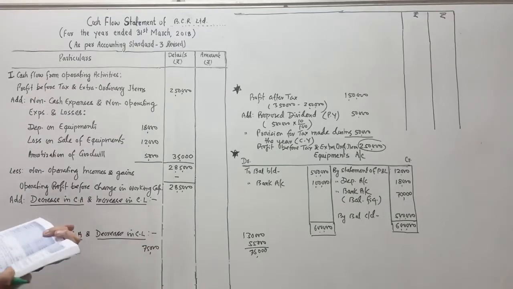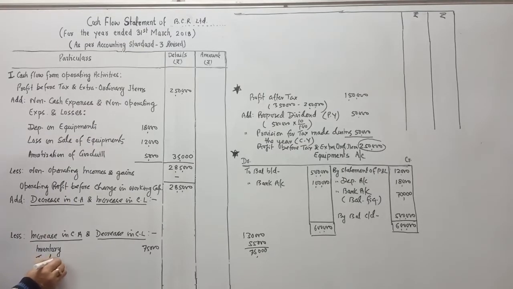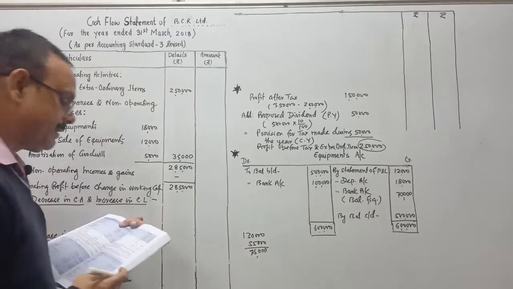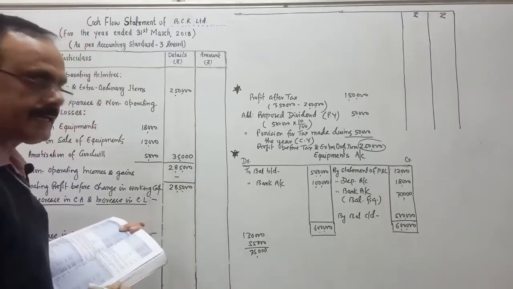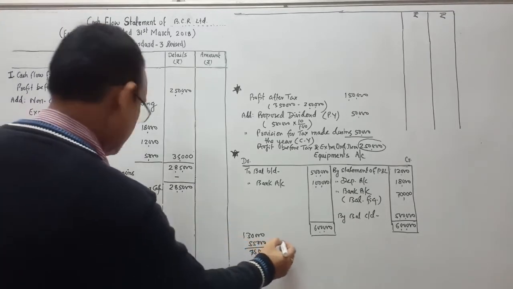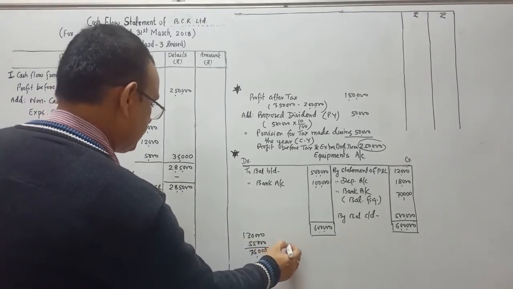Coming to the next, trade receivable. Trade receivable is also increased. Bills receivable and debtors are jointly known as trade receivable. Last year trade receivable was 80,000 and this year it is 1,47,000.